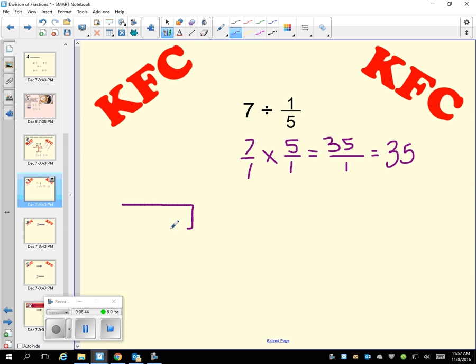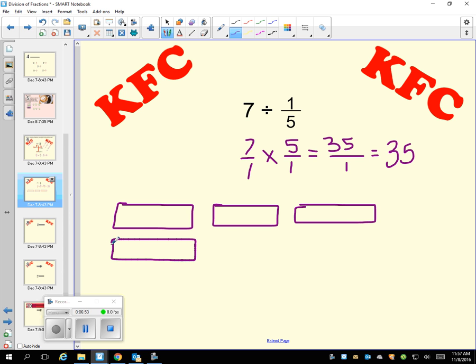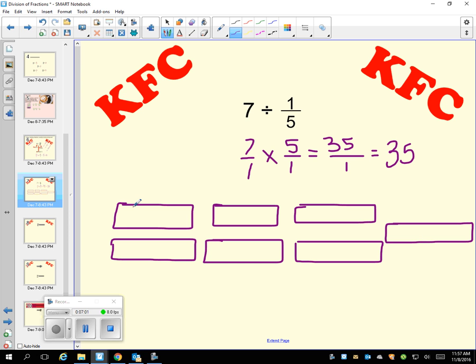And if I was to draw a picture to understand it, I would draw 7 wholes, 3, 5, 6, and I'll put another one out here. And if I was to divide these into fifths, 1, whoops, I got that one crooked.